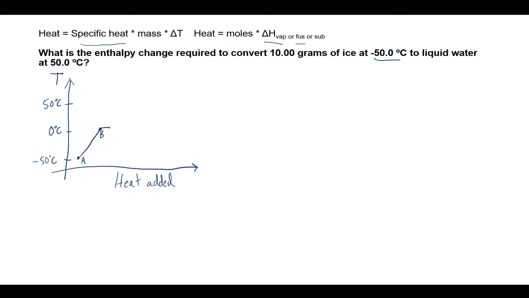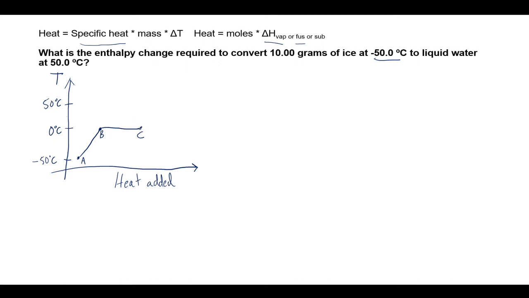B to C is pretty flat, or should be. B to C is staying at 0 degrees Celsius. This is overcoming all the solid intermolecular forces and melting the solid ice to liquid water.